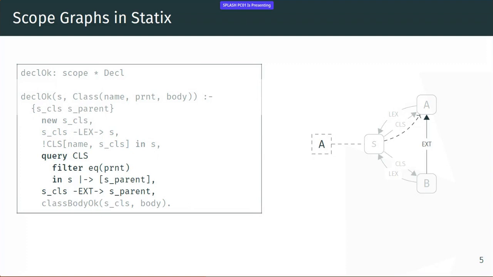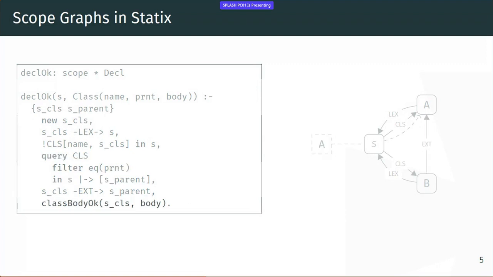In this case, our query will look for classes that have a parent name in scope S, and the result should be a singleton set with the scope of the declaration. And the reference to this declaration scope that we obtain is used to create this extension edge.